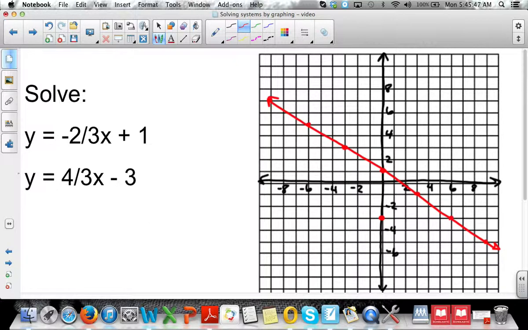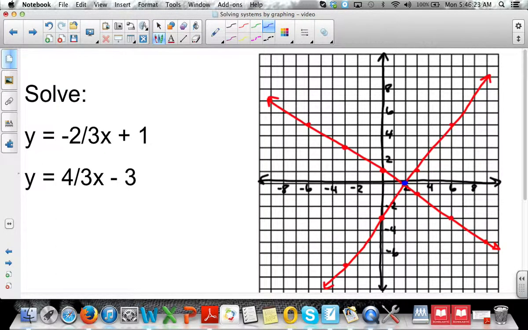My 4/3 means go up 4 and over 3 to the right this time. Now I'm going to draw where they cross. Draw a dot.